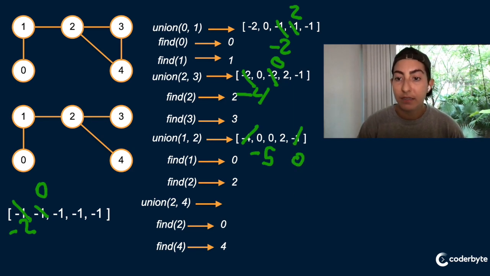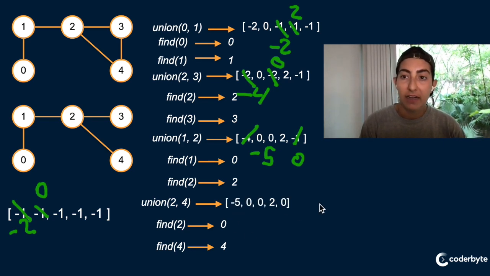So let's just make sure, and we have that array. Now we have actually only one component, with 5 nodes, and they all have the same parents in the end. This is the one that has a parent of 2, but 2 has a parent of 0.